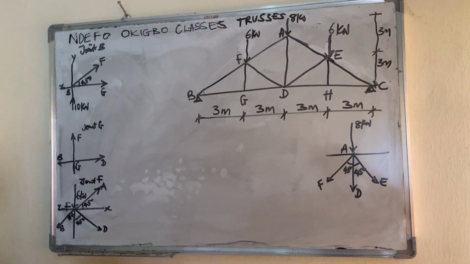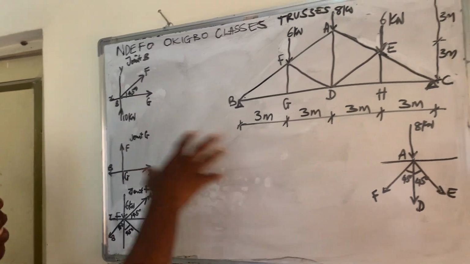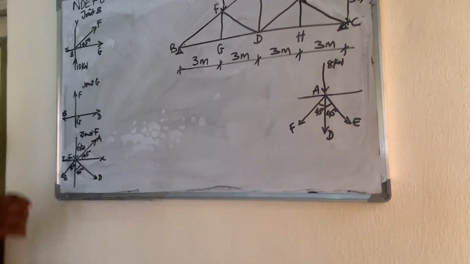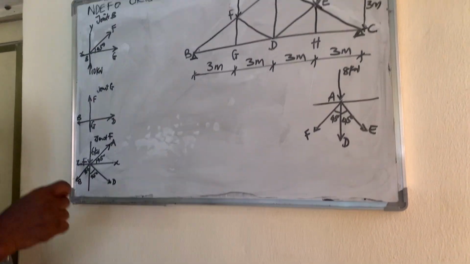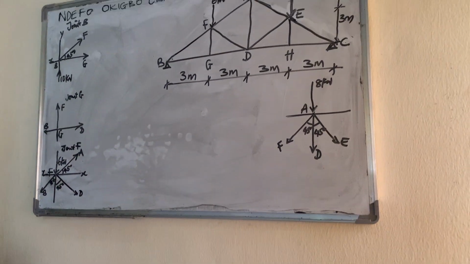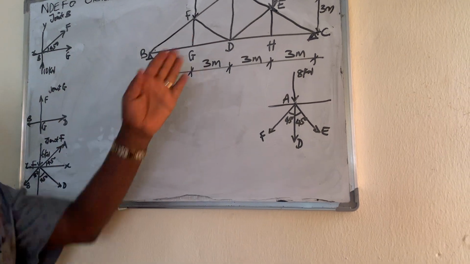The first one is the method of joints. That is considering the joints as I've broken the joints here. The next one is, even when you break the joints, you consider a parameter we call tension coefficient. We are going to go to that. The next one is by taking bending moment.